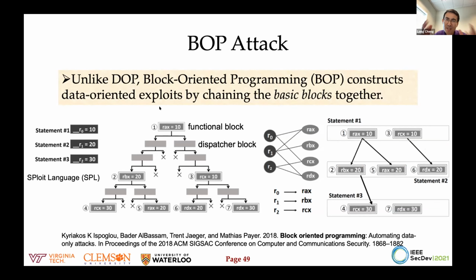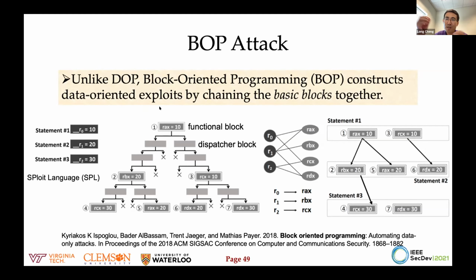To construct the BOP exploit, the next step is to check those basic blocks to see whether they contain some of those statements. If a basic block contains some of those statements, we call it a functional block. We will find many different functional blocks in the binary code.